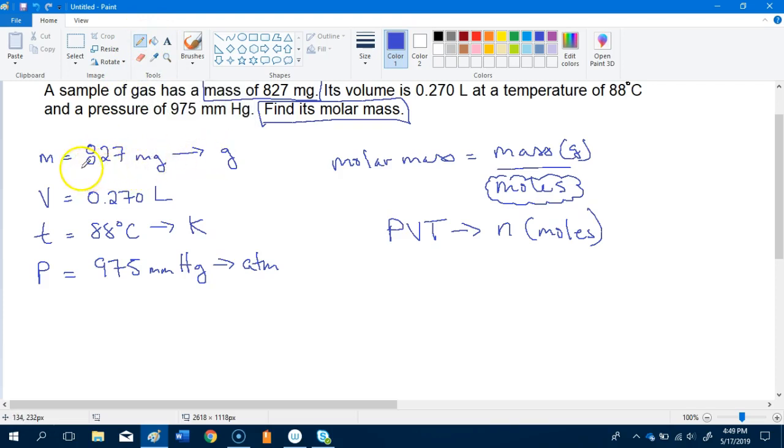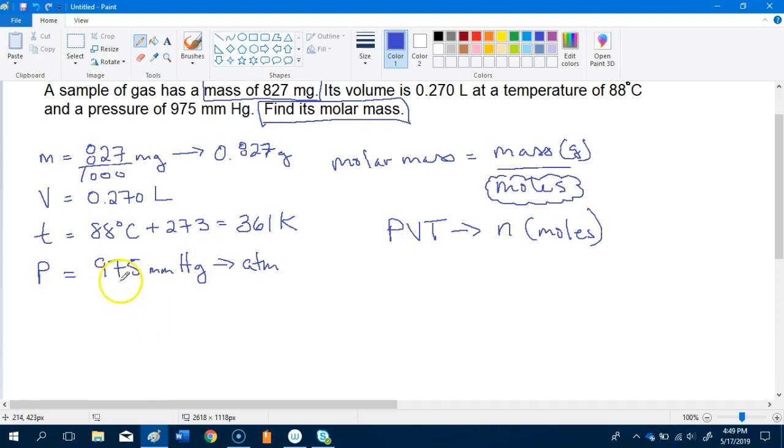First, I need to do some conversions. Milligrams to grams: there are 1,000 milligrams in a gram, so if I divide by 1,000, I get 0.827 grams. My liters are fine. To switch from degrees Celsius to Kelvin, I add 273, and that equals 361 Kelvin.